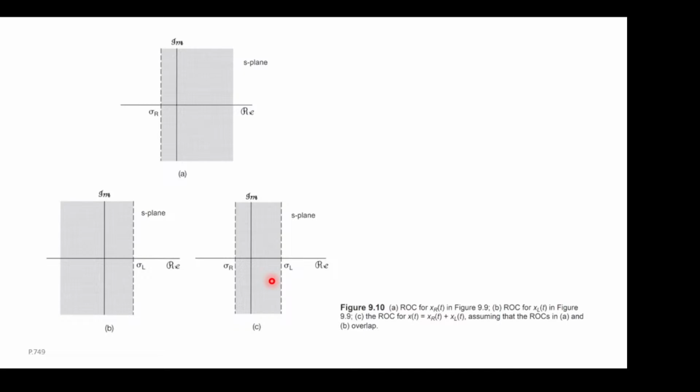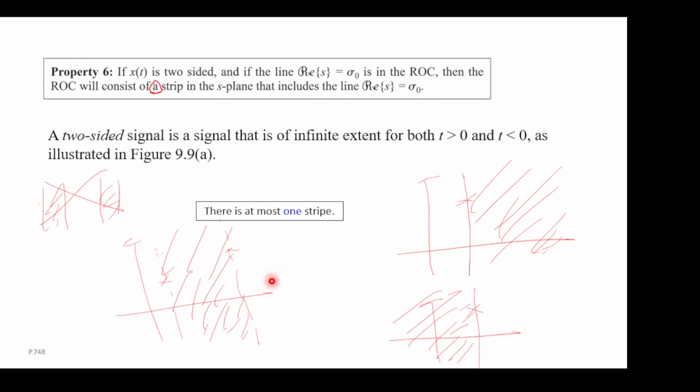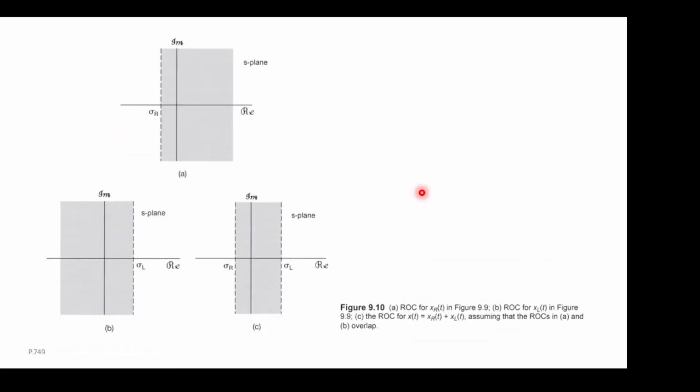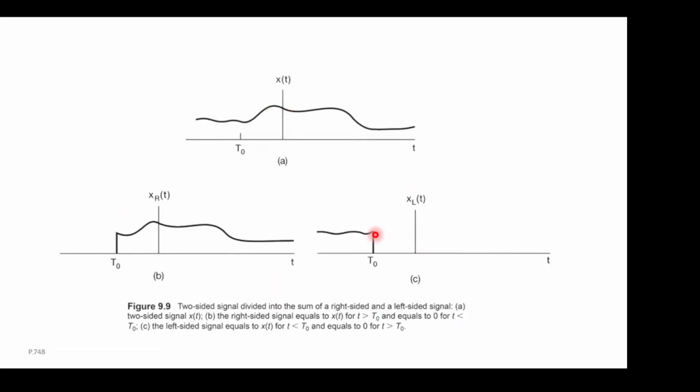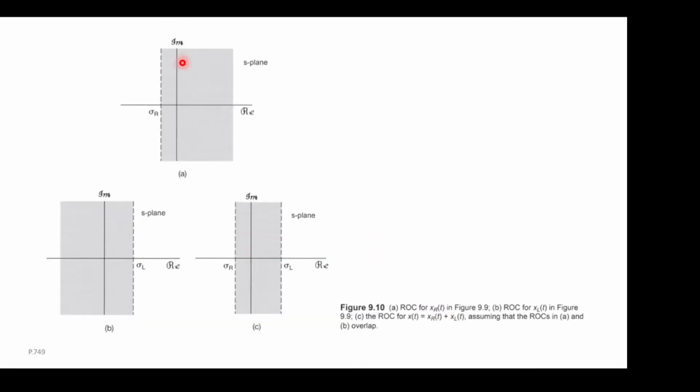So this tells you that for a general function, your ROC should really have one strip, because you can think about its left-sided part plus its right-sided part, and one of them will extend to the left and one of them extends to the right, and if you take the overlap of those two things, you can only get one strip.